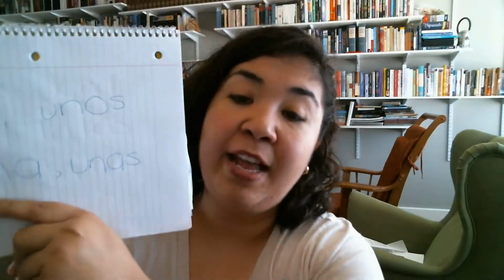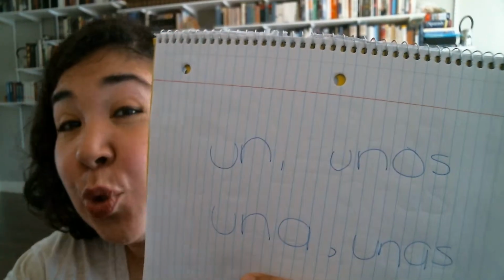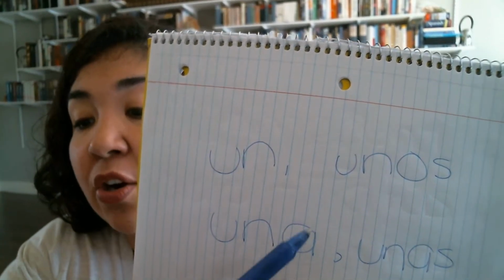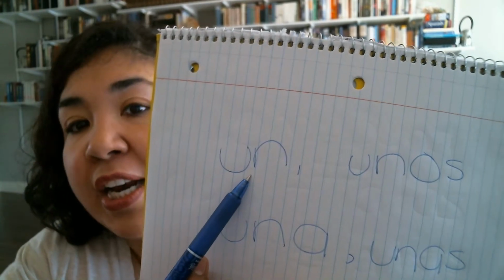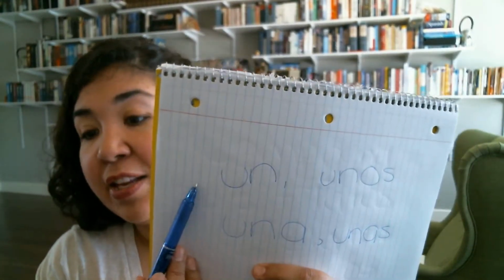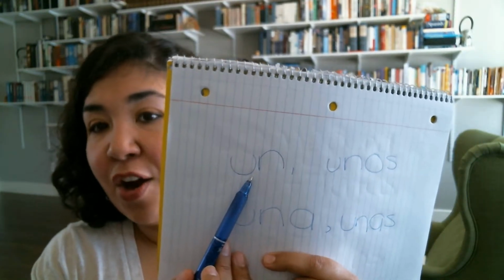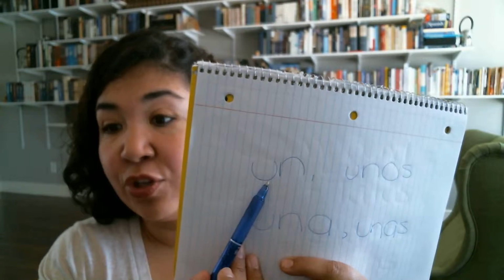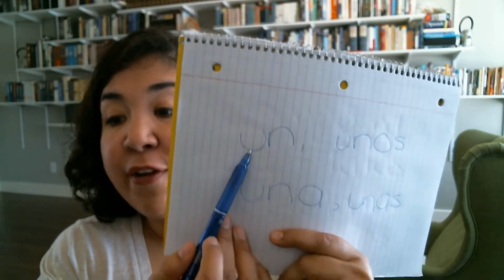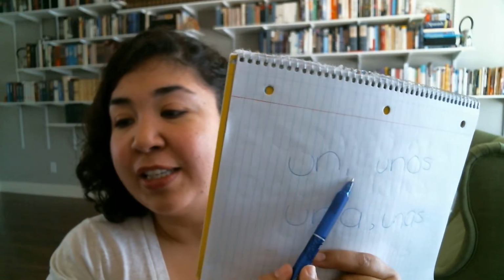But in Spanish, these are our indefinite articles. And the truth is that the real indefinite article is always un, and it's masculine. We don't use uno for the indefinite article, okay? It's un for the masculine indefinite article. And from this stem all the rest.